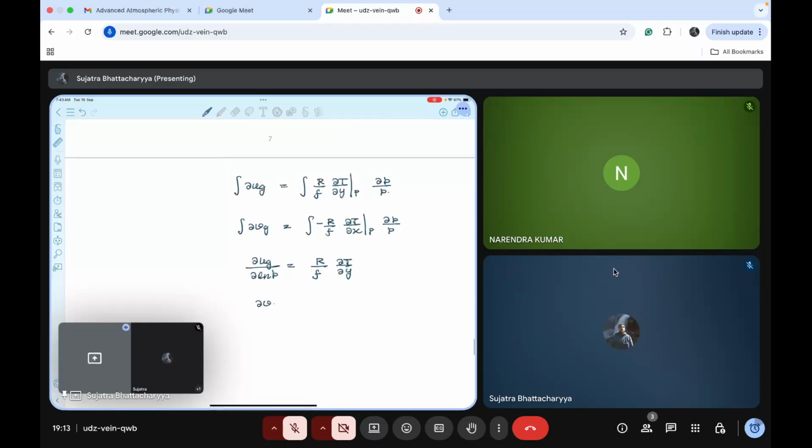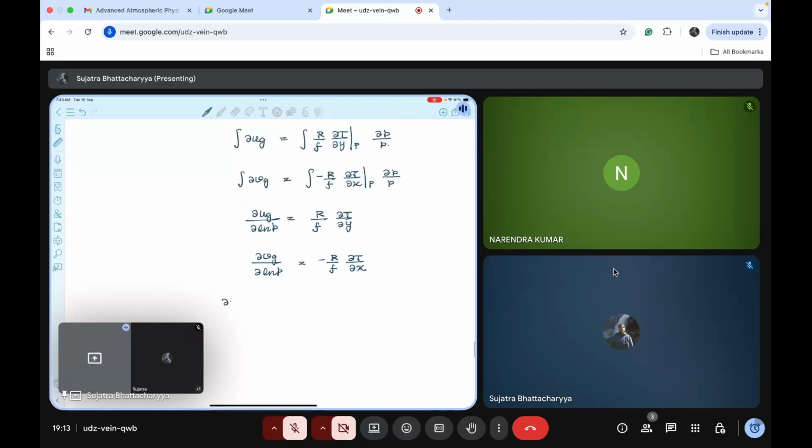Similarly, delta Vg by delta log P will be minus R by f delta T by delta x. Hence, delta vector Vg by delta log P will be what?